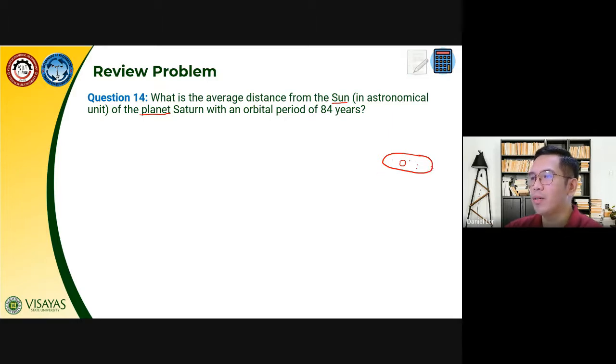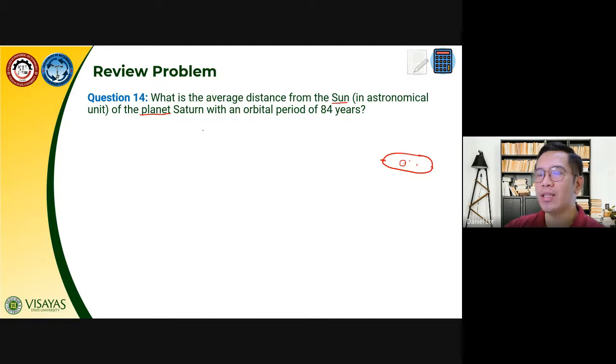So there are times when we are at the farthest part from the Sun, which is the aphelion, and parts of our orbit when we are nearest the Sun, that is the perihelion. For this problem, we are asked to solve for the average distance.